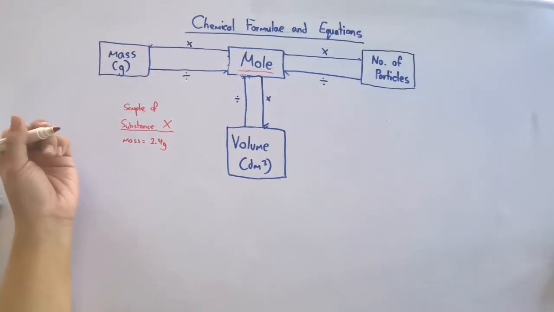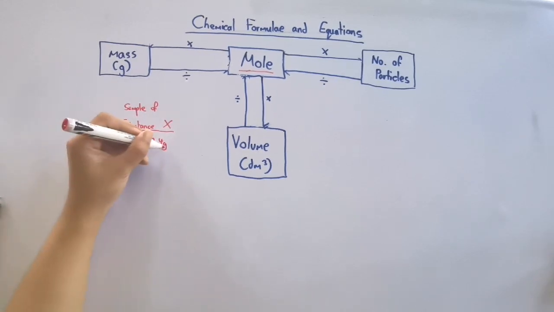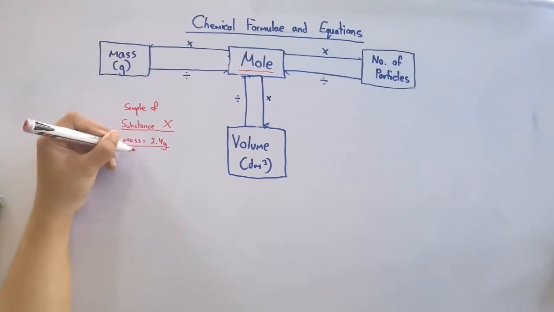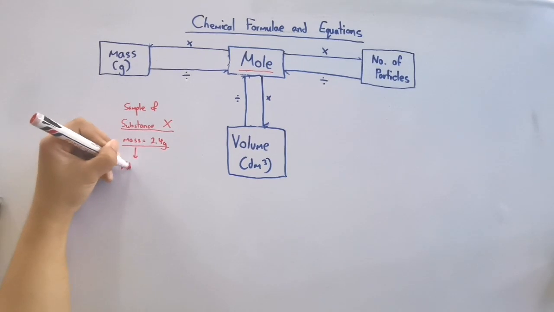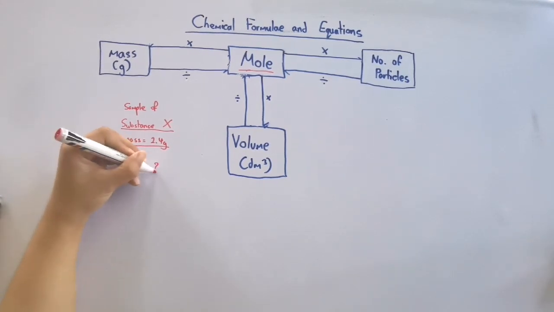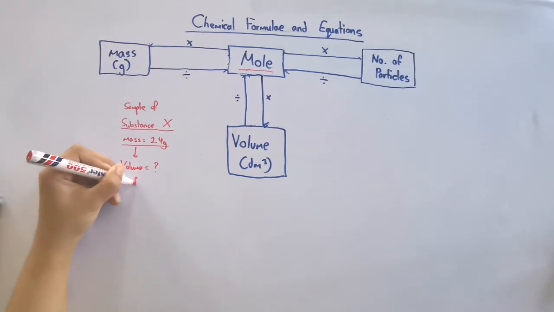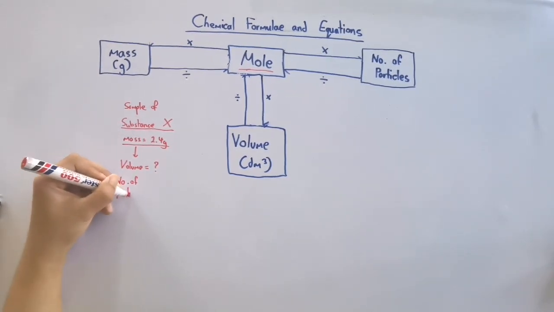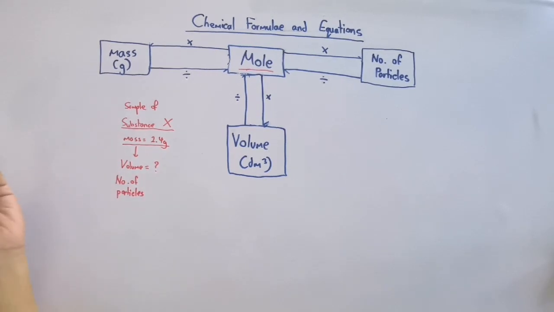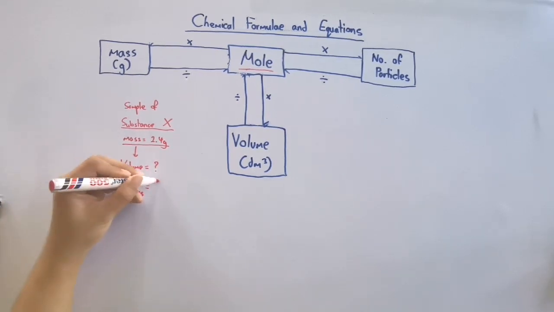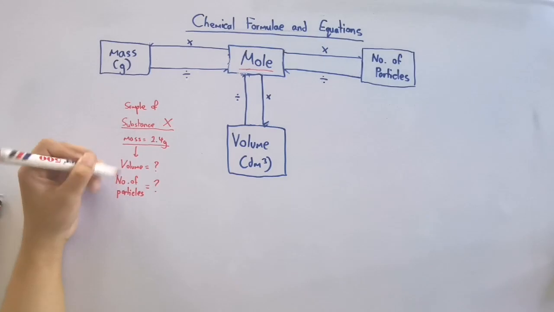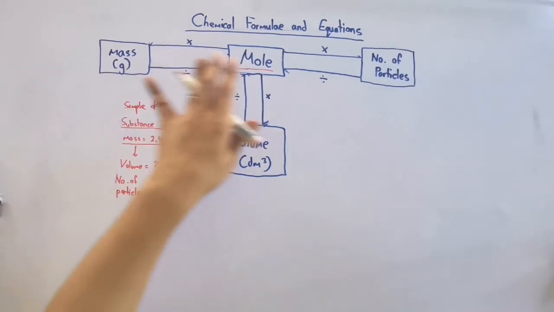Now, the question here is, if I have the mass of the substance, am I able to find the volume of the substance? Or am I even able to find the number of, let's say, particles in the said amount of substance? Now, these two other values can be found if you have mole.